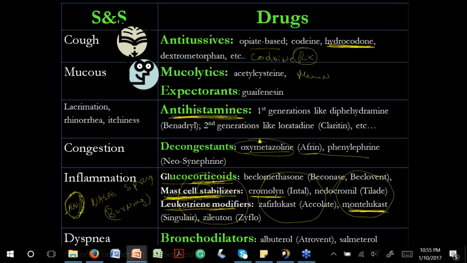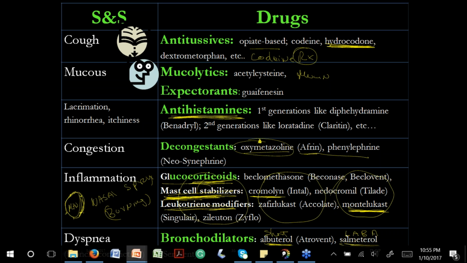Glucocorticoids, yes, it depends on the route. IV is very fast, but when you use a spray, the effect takes longer. Bronchodilators: we have albuterol, which is short-acting, and salmeterol, the LABA, a long-acting bronchodilator. Why am I saying all these names?